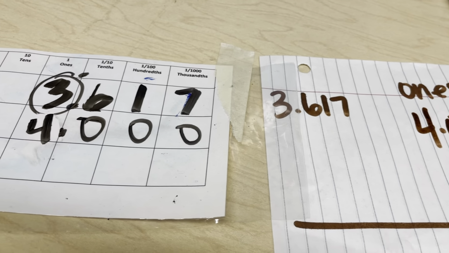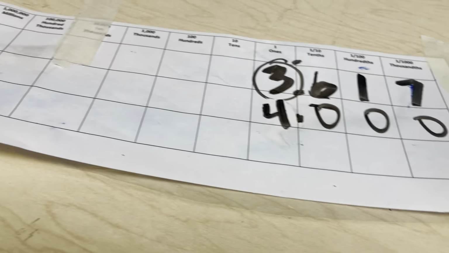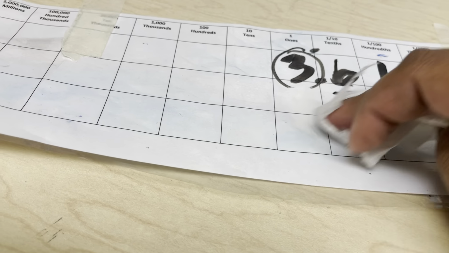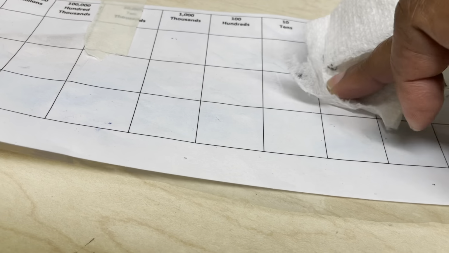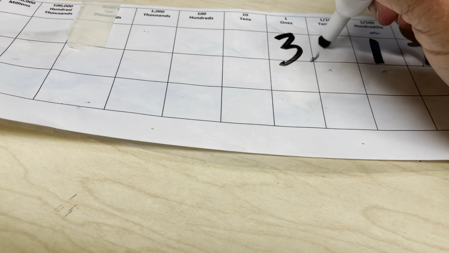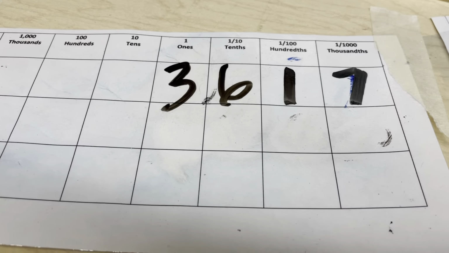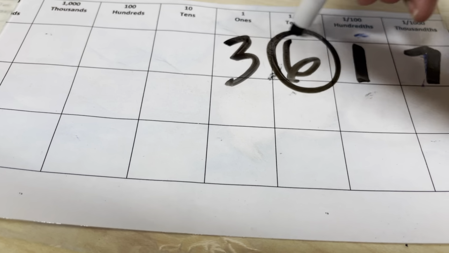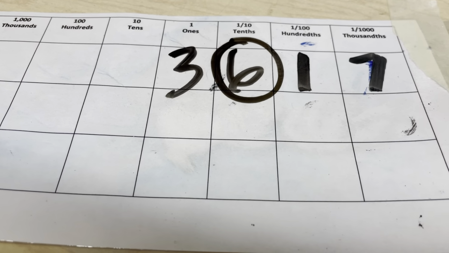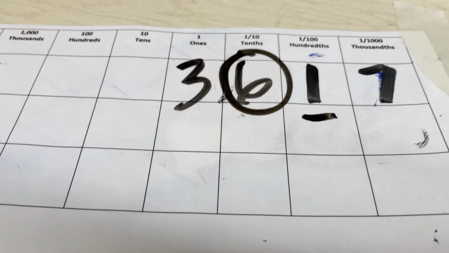Okay, for the next problem, I'm going to use the same number, but I'm going to round to a different place value. This time I'm going to round to the tenths place. The 6 is the digit that's in the tenths place, and the 1 is in the hundredths place.